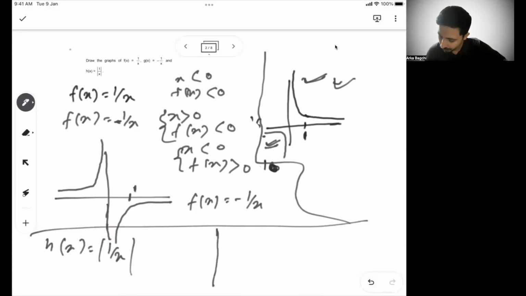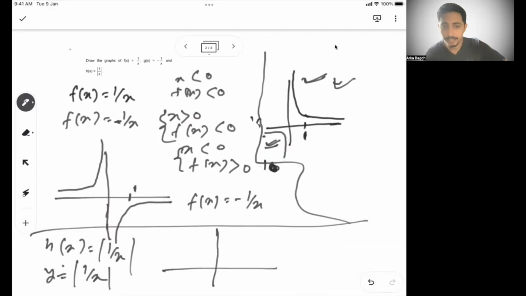So if y is equal to |1/x|, x can take positive or negative values, but y will always be positive. So when x is greater than 0, it will behave the same way as the one here. So it will be like this.